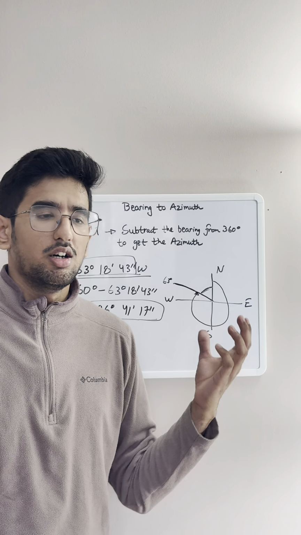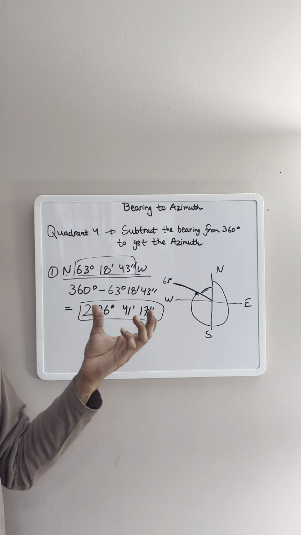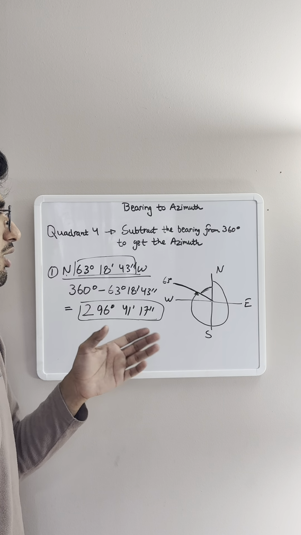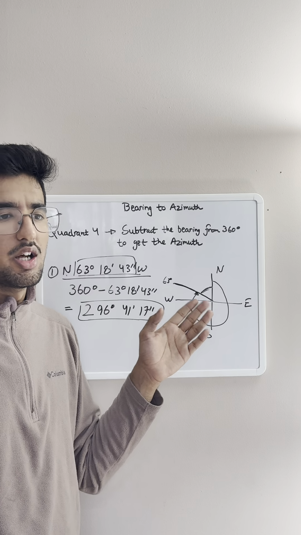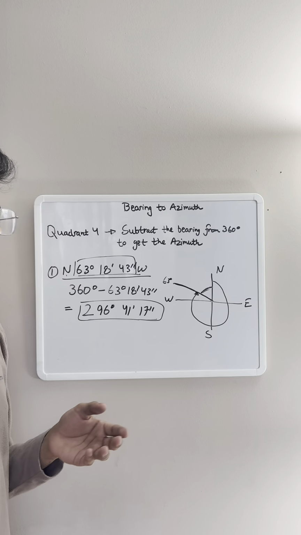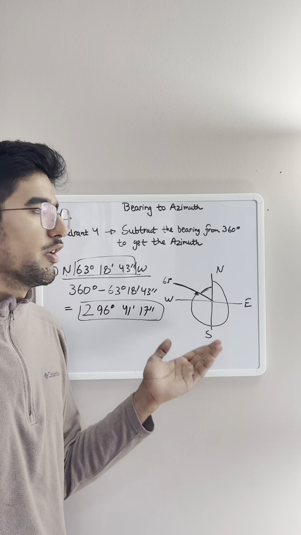I will mention how to convert bearing to azimuth and azimuth to bearing, so that you can reference what I said throughout the videos, like if you want to revise before your exam. Just make a note of these.